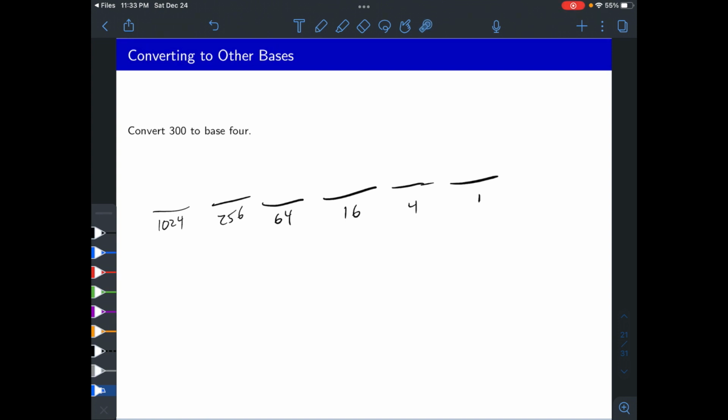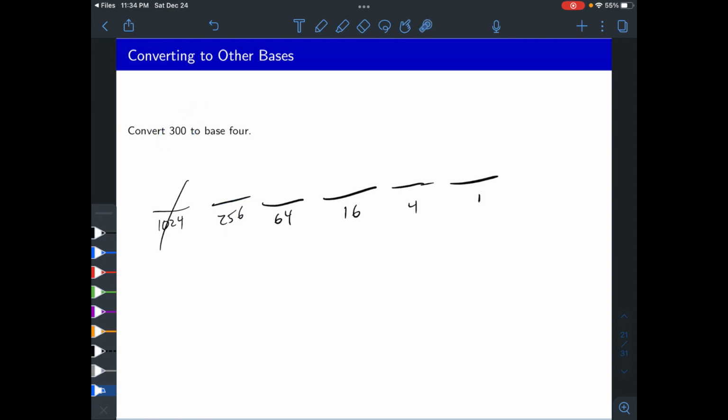And at this point, once this number becomes bigger than the number that we're converting into base 4, then we can just stop. I could have stopped right here, because in my head I knew that this number was going to be way too big, because 256 is only a little bit smaller than 300. If I were to multiply this by 4, I'm going to get a number bigger than 300, right?